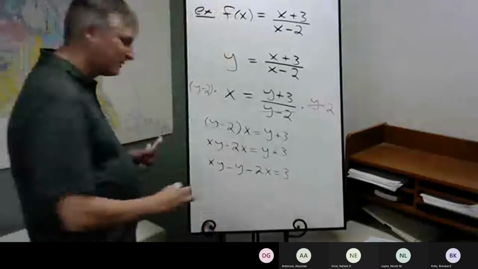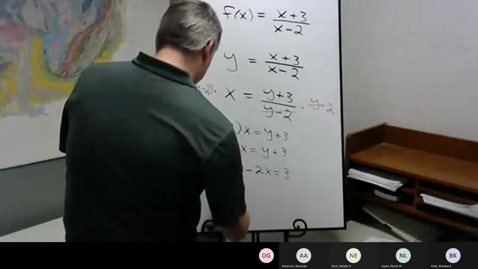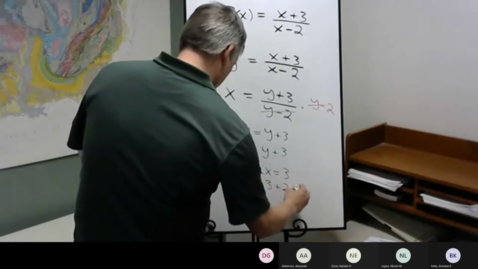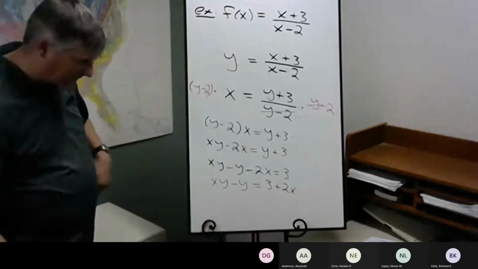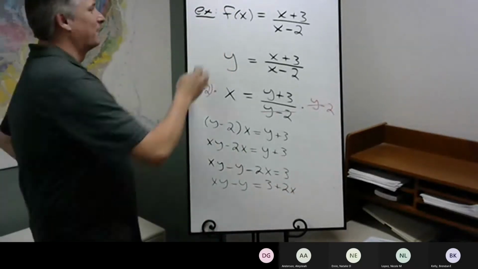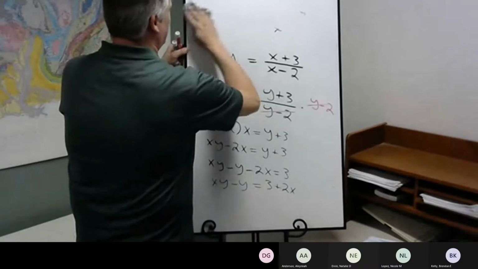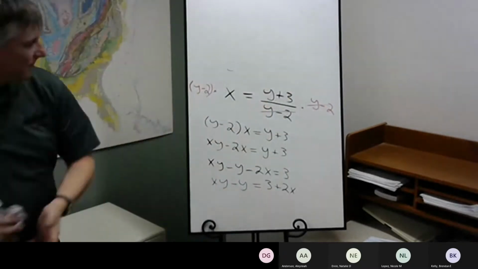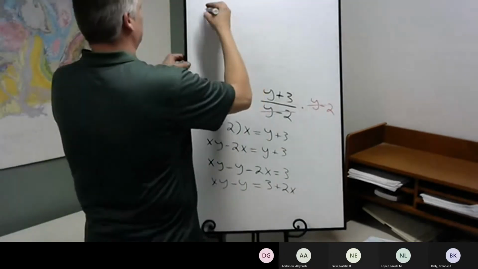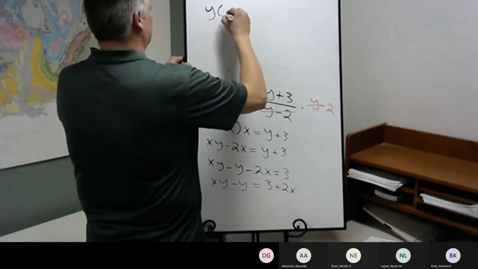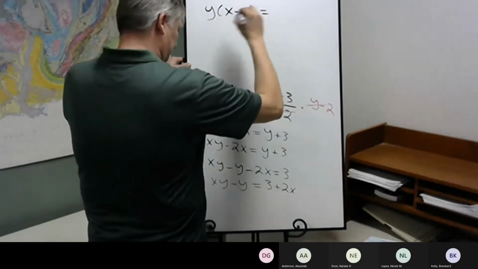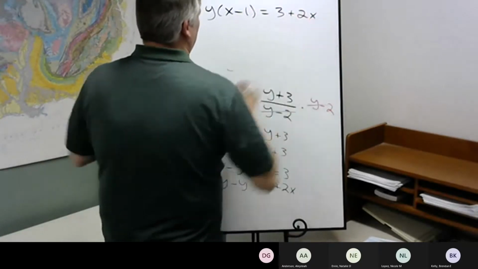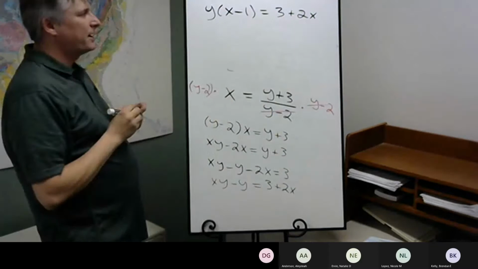Add 2x to both sides. Factor out y. And then divide both sides by x minus 1.